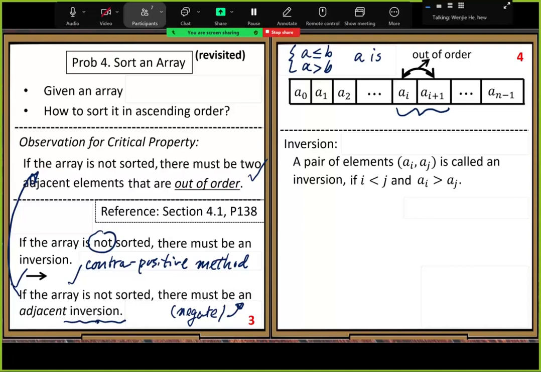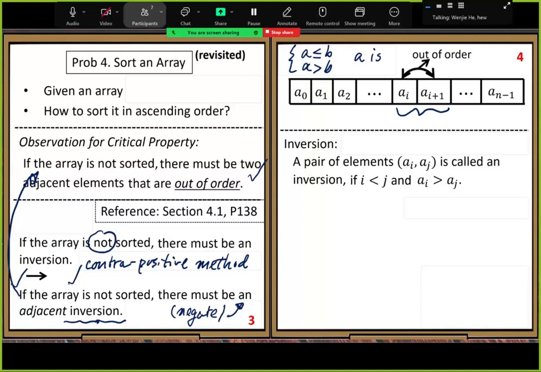Because if we do not use this property, in order to sort the whole array, we need to fix all the inversions, right? You need to fix all the inversions to solve the sorting problem.